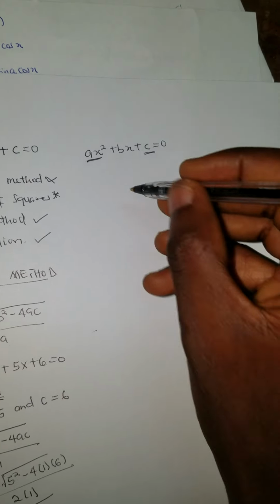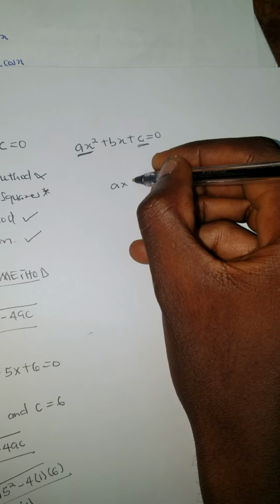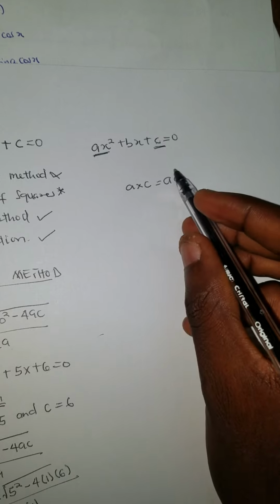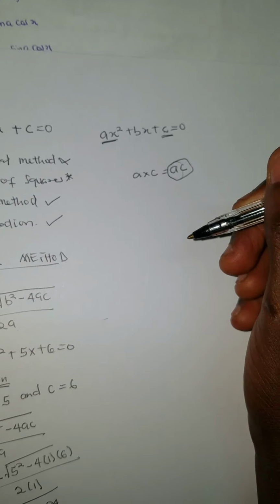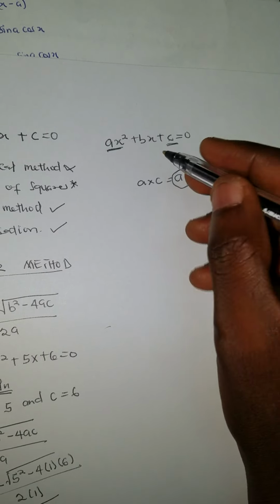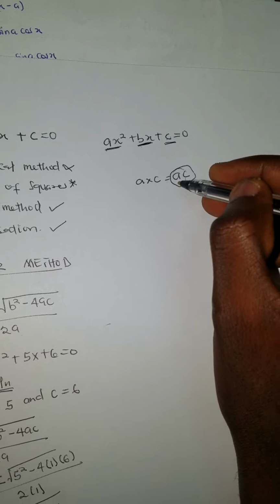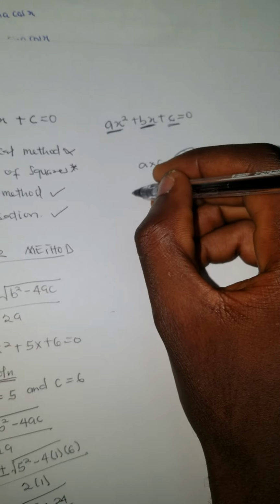And then this times this will be a times c, which is AC. Now you find the factors of AC that if you add, you get b, and if you multiply, you get AC.